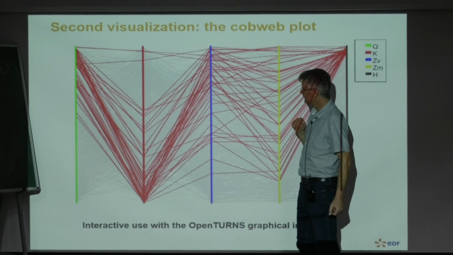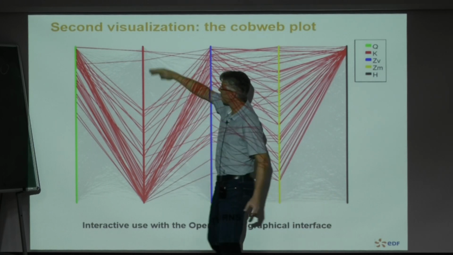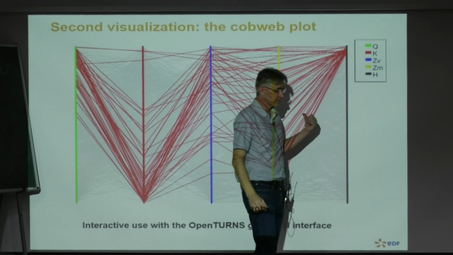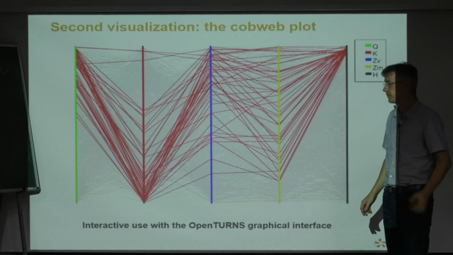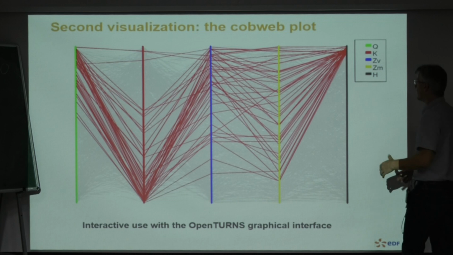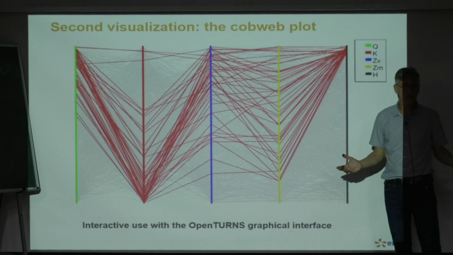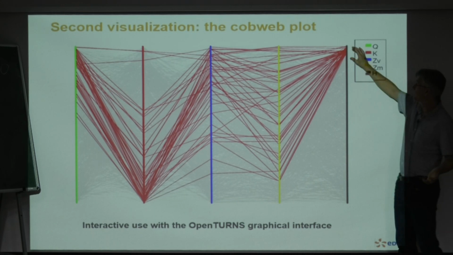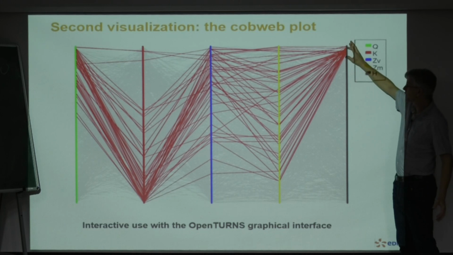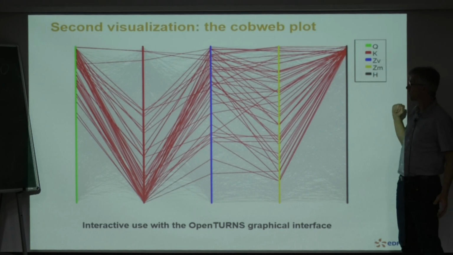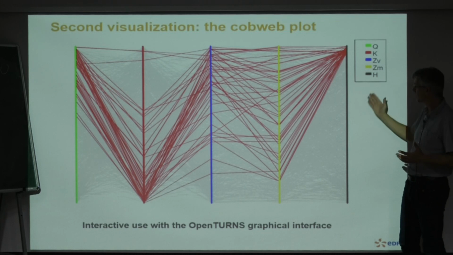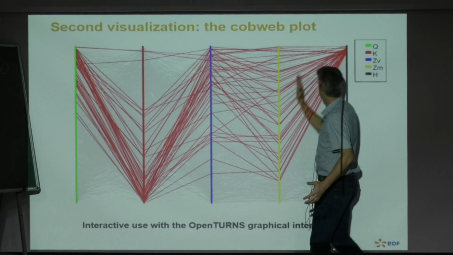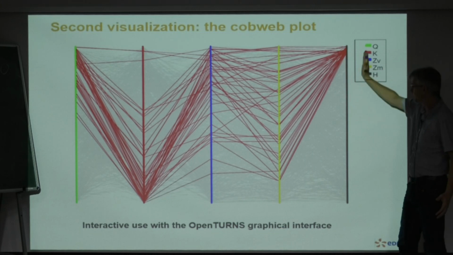So you see, behind I have a lot of lines because in this example I think it's a sample of 1,000 data, so I have 1,000 lines. So we see nothing. The idea is just to illuminate some range, some interesting range. For sensitivity analysis, it's very useful because I can place my inputs here and my output here.